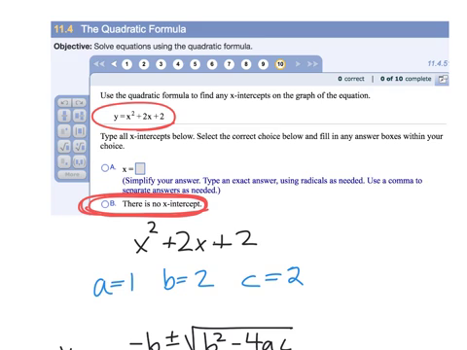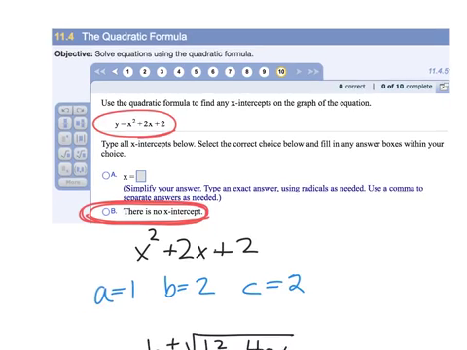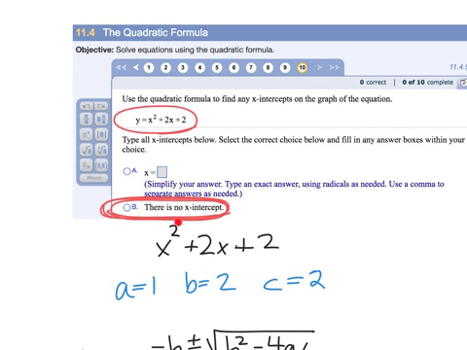It never does cross. So basically, if I were to type this into Desmos, you would see that it never crosses. In fact, what it would probably look like is something like, here's your thing, and the parabola would look something like this. And so since it never actually crosses the x-axis, it's called undefined. And that's why we circled this. There is no x, oh, and we don't say undefined, we say there is no x-intercept.